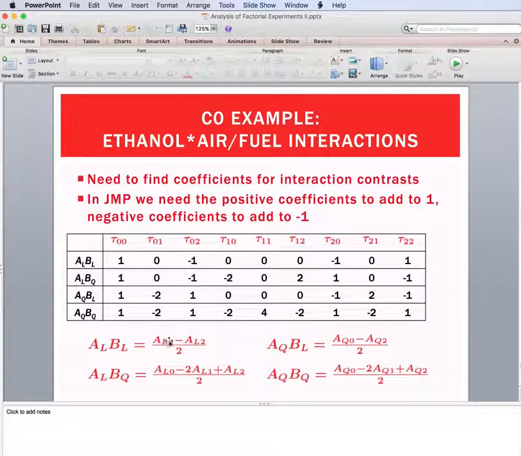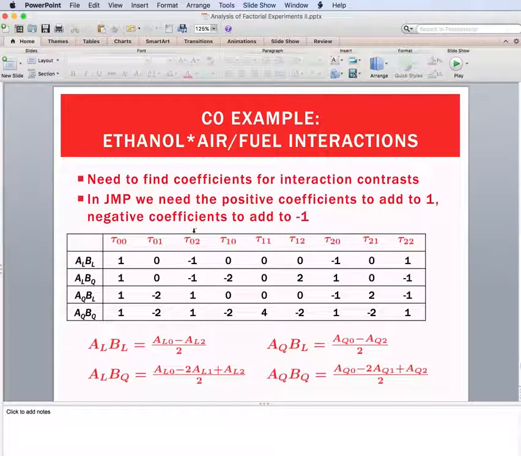So if you look at the taus involved in AL0 and AL2, you get this top line right here. So AL0 is going to be comparing the first level of A to the second level of A with B held at 0. So B at 0, that's our second index. So this is 0 and this is 0. And so it's 0 minus 2. So this is where I get my 1 and negative 1.